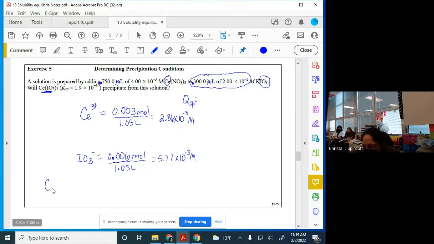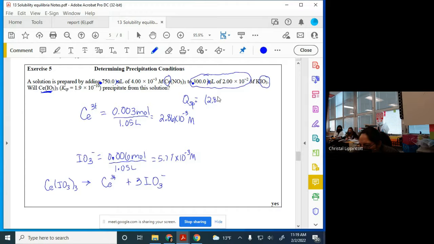Now, when this breaks down, it's going to break down to Ce3+ plus 3 IO3 minus. So when I put this into my QSP to calculate that out, I'm going to take this one and just write him as he appears.